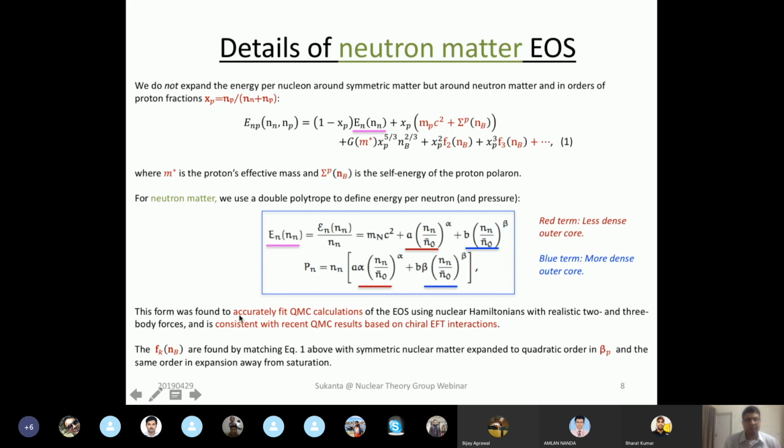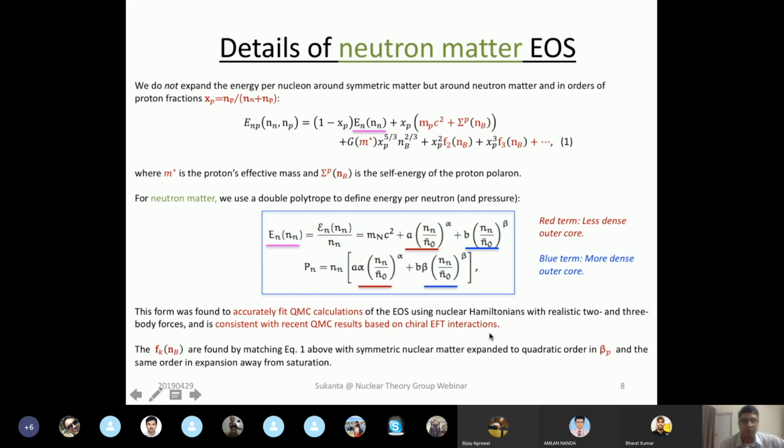This form has been found to accurately fit quantum Monte Carlo calculations of the equation of state using nuclear Hamiltonians with realistic two- and three-body forces. It is also consistent with quantum Monte Carlo results based on chiral effective theory interactions. Again, the references to these results are given in our paper.